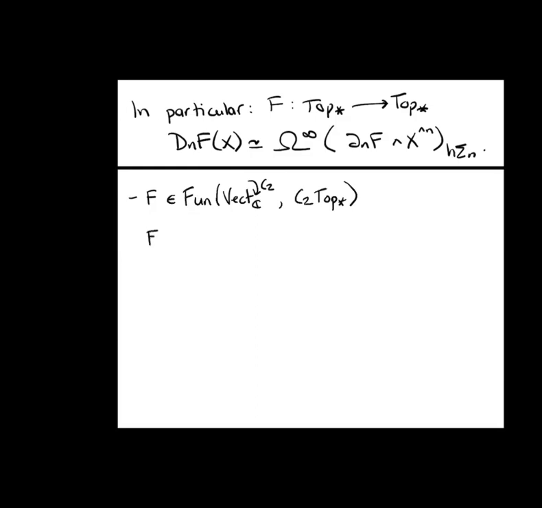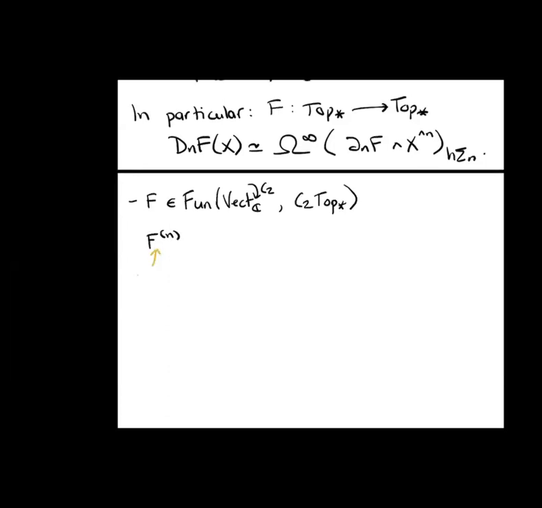But the n-th derivative of F, which I'm going to denote by this, is the n-th derivative. This is it before it becomes a spectrum. It's actually a module over the n-sphere functor. This is the functor which sends a vector space to the one-point compactification of n copies of the vector space.